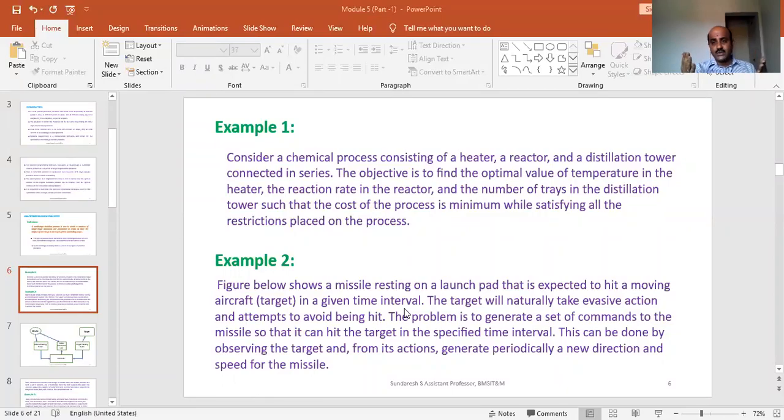So we have to observe the actions of the target, generate new directions periodically, and control the speed of the missile. This is our task.